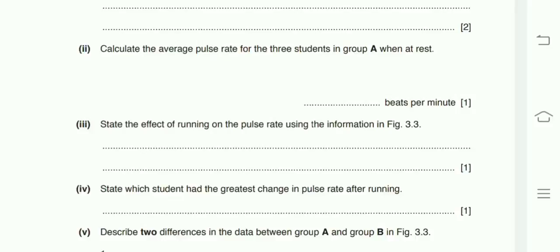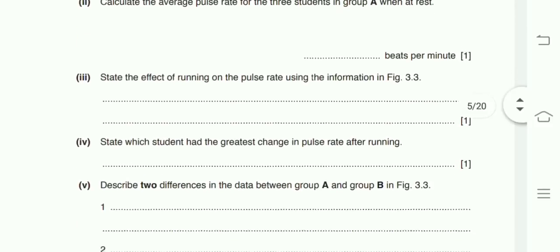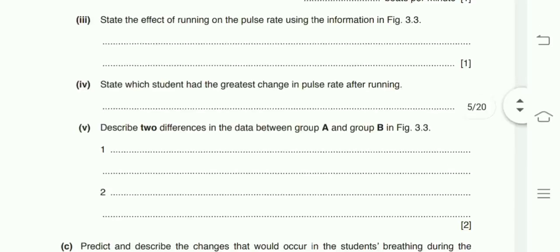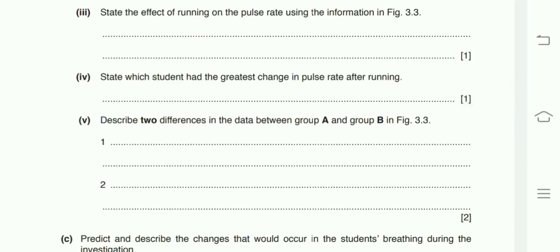It will be the pulse rate increases. Then 4 here, state which student had the greatest change in pulse rate after running. So it will be student B1.